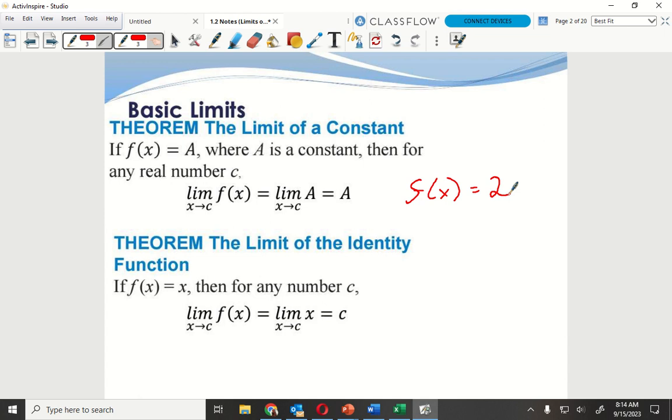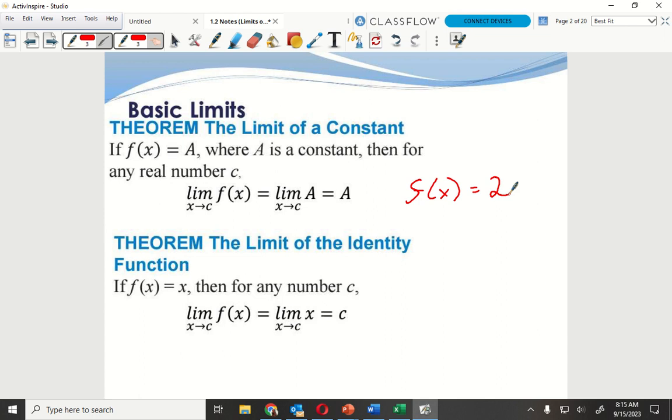What does the word variable mean? It changes. It varies. So a constant doesn't have a variable, therefore it is always that. So if I take the limit of f of x in here, my answer is going to be 2 because it's not going to change. There's nothing to plug in.